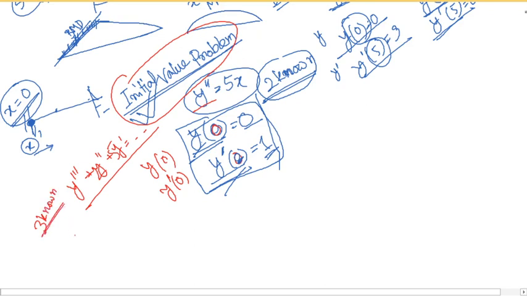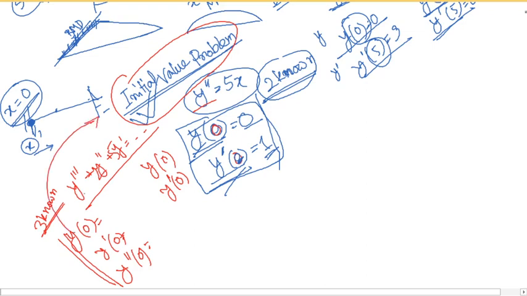So in that case, we'll be giving, for example, y(0), y prime(0), and y double prime(0). We will be giving this sort of known values so that we can solve with three known values. This will also be called an initial value problem, just because we have used all the known values at just one point.